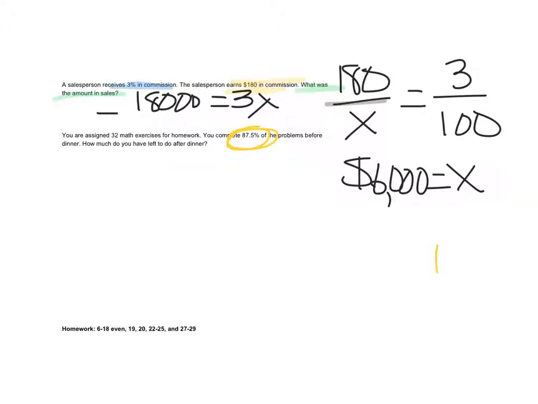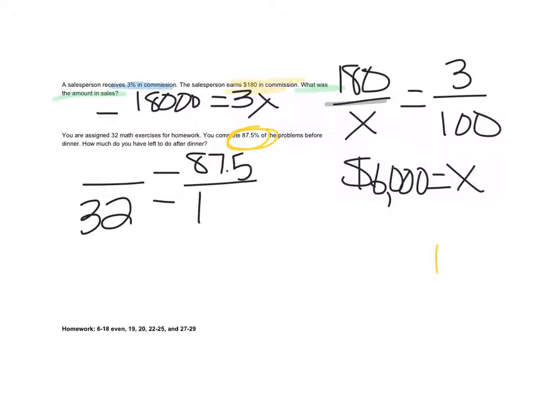Okay, so you are assigned 32 math exercises. That's your whole. That's the whole amount you were assigned. So that's going on the bottom. You complete 87.5% of the 100. How many do you have left to do after dinner?